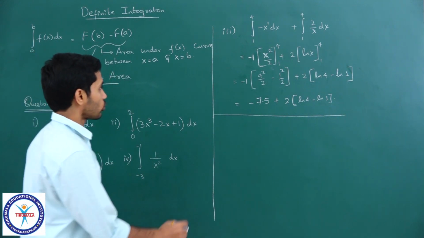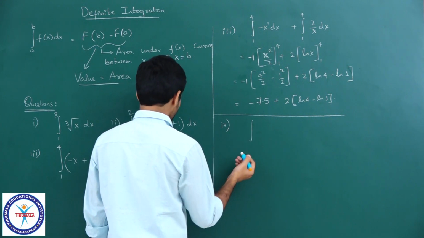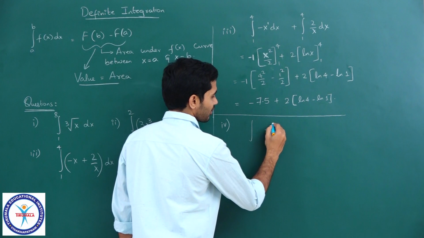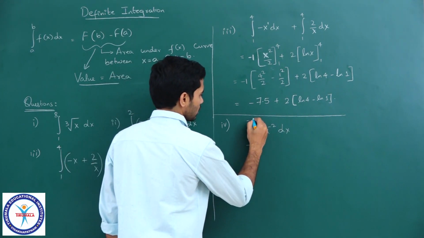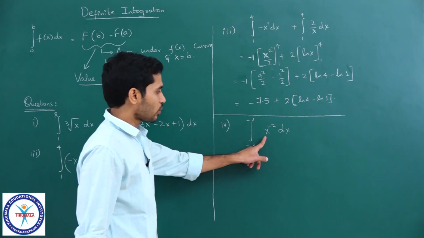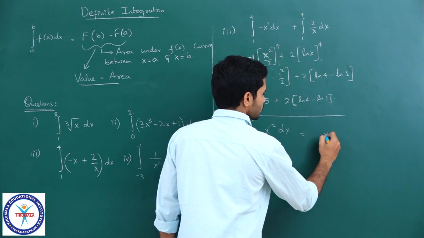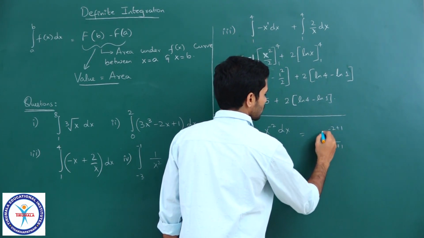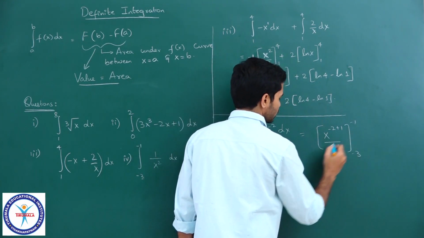Now, the last one, fourth one. So, I can directly write this as integral of x power minus 2 dx from minus 3 to minus 1. You can easily do this, there is only one expression, right. Simple question. So, x power minus 2 plus 1 by minus 2 plus 1, and I will directly substitute the limits here itself, minus 3 and minus 1.